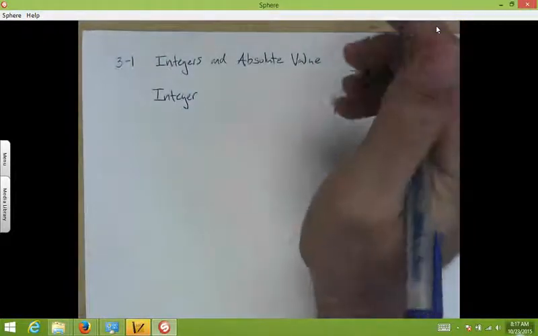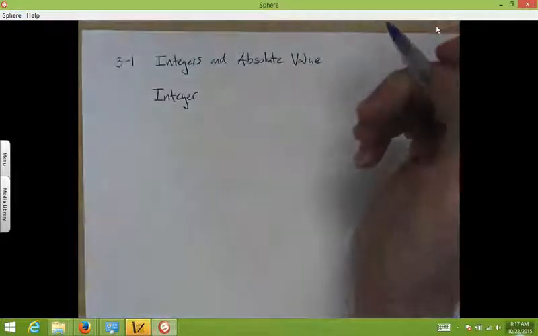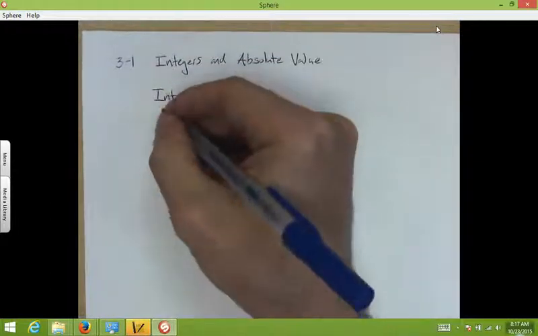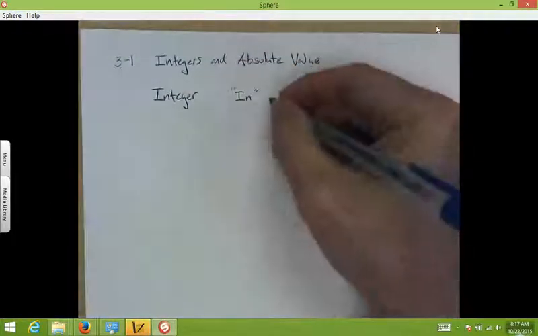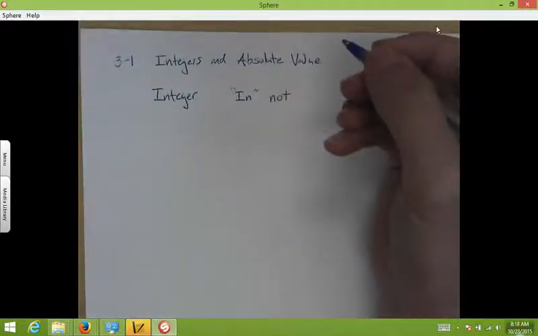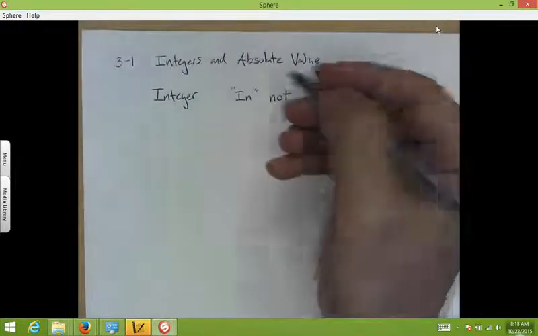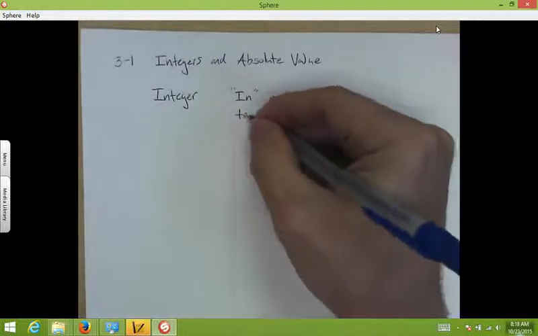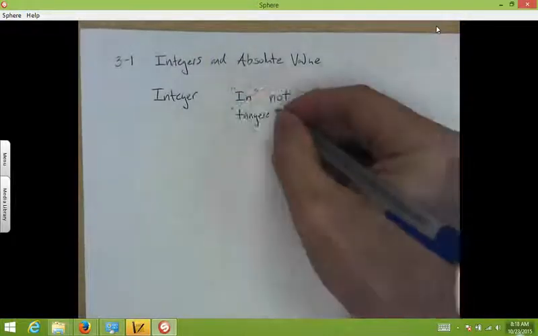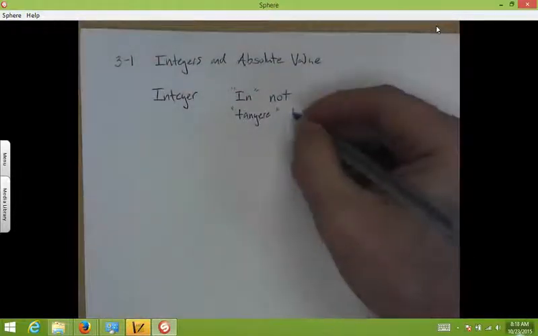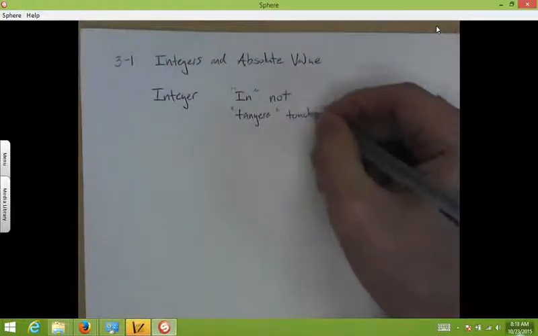Okay, integer. The word integer comes from Latin. In case you care, in means not, and teger comes from tanger or tangere, and that means touched.